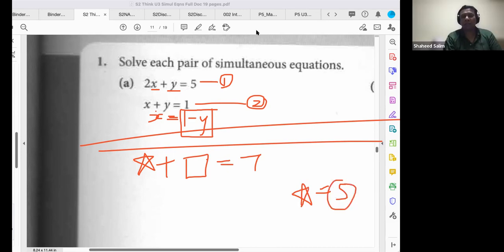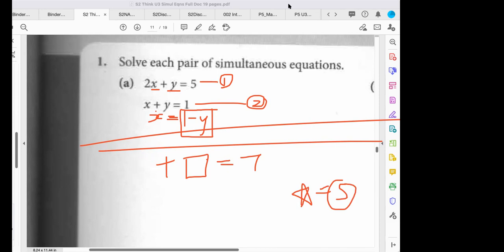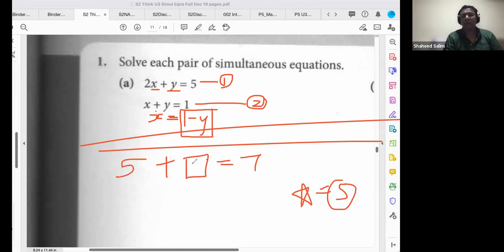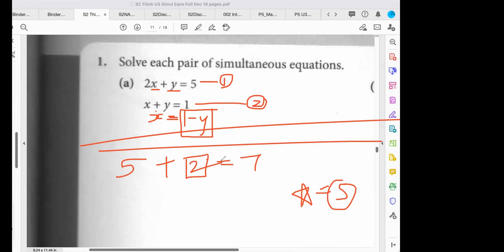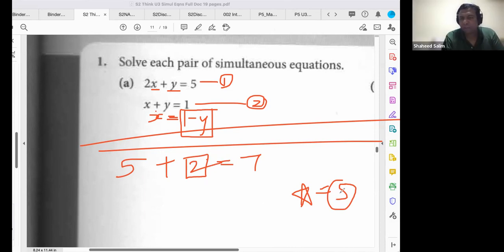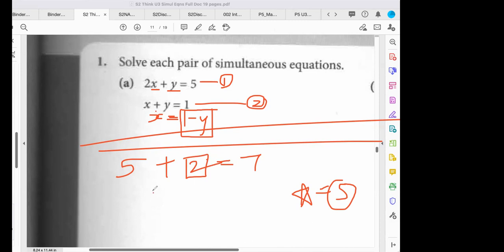I don't want to see the star. I want to put the number 5. 5 plus square equals 7, so 5 plus 2 equals 7, square equals 2. Can you see now? I know how to do it if I put in the value here. Put in the value means substitute.